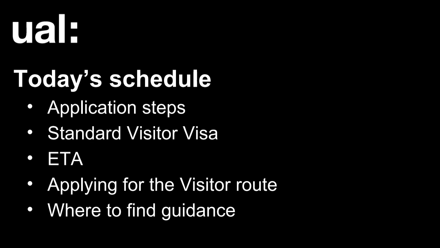Of course, you're all NAFA students, so you'll all have been pre-screened. So it's really just a case of providing us with all of your information. And I'll show you what the application form looks like so that you can see how you will input that information. And then my colleague, Rosanna, will talk to you a bit about the standard visitor visa, which is what you'll need to apply for in order to join us in the UK.